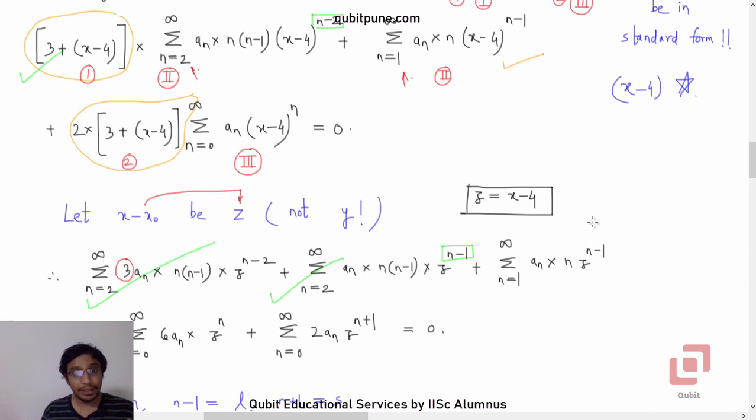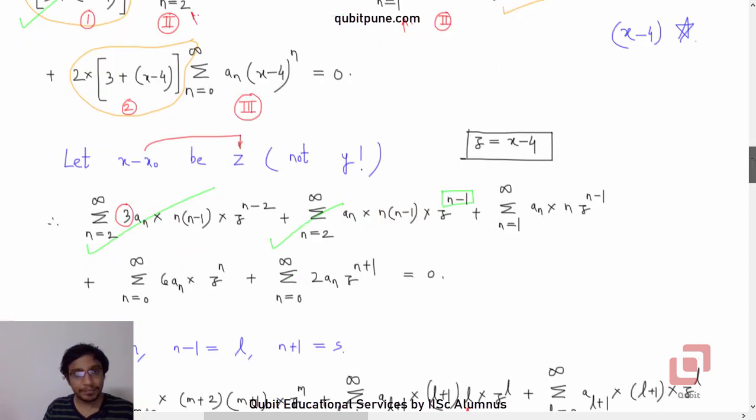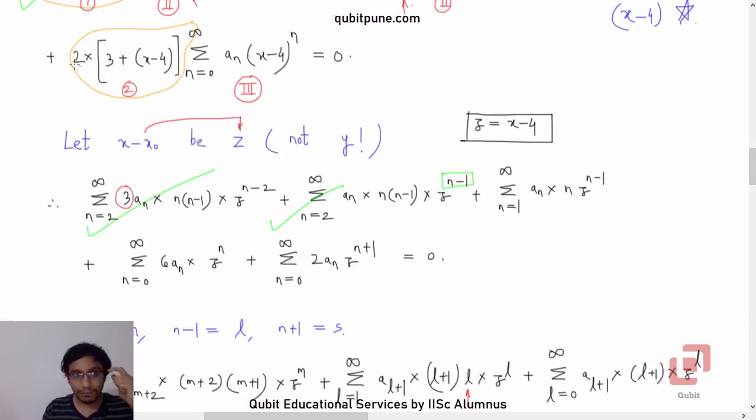Okay, fine. Now let us go to the last term. Here we have 2 outside, so if we multiply the y series by 3 and then by 2, then it will be 6 times a_n, with limits n from 0 to infinity, 6 times a_n into z to the power n. Then let us go to the next term here.